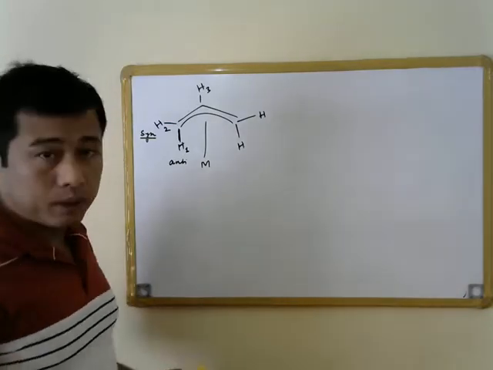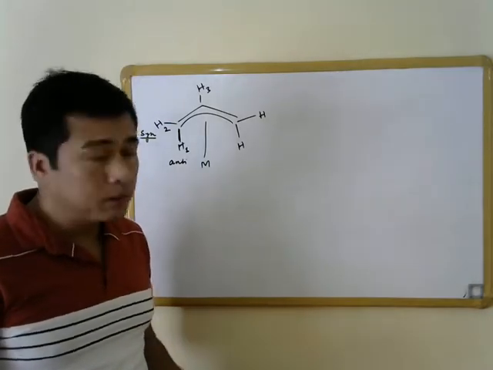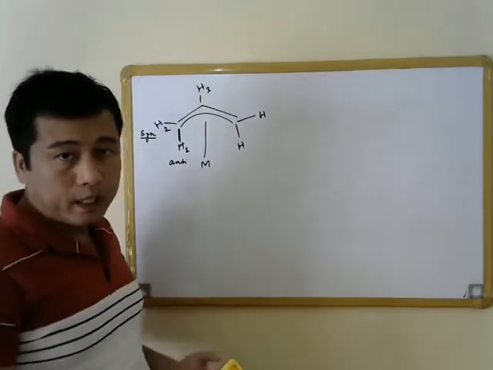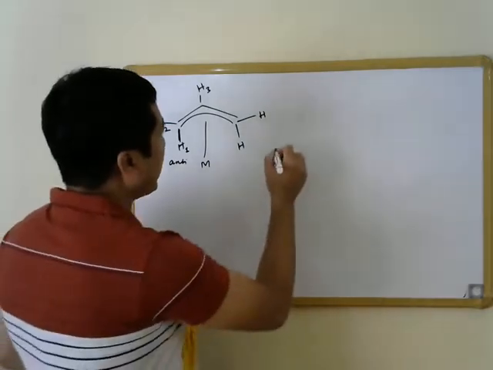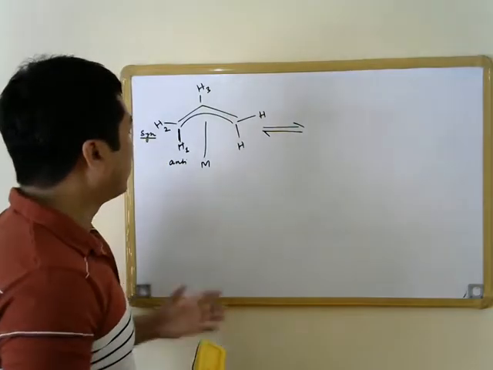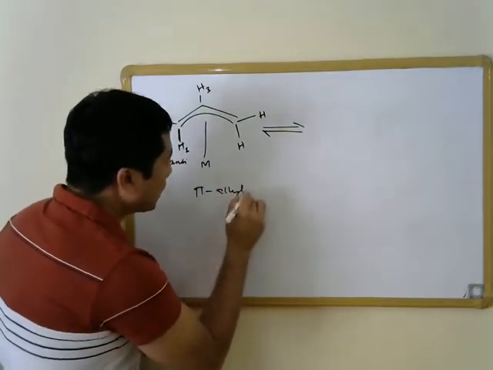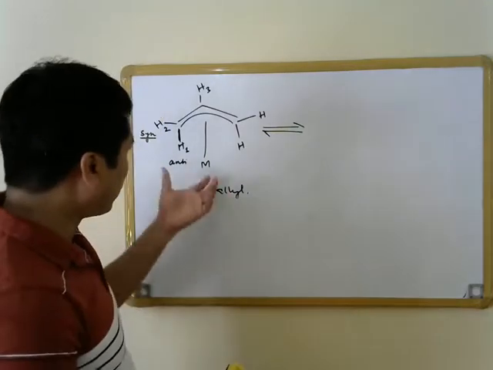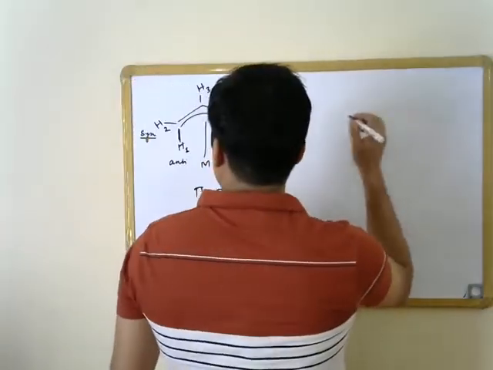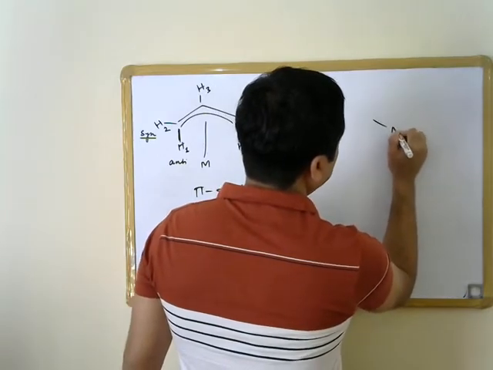This can happen if there is a pi sigma pi interconversion in the allyl complexes of the kind where the hydrogen atoms appear as equivalent. Since this is a pi allyl complex, a sigma allyl complex can form from it.